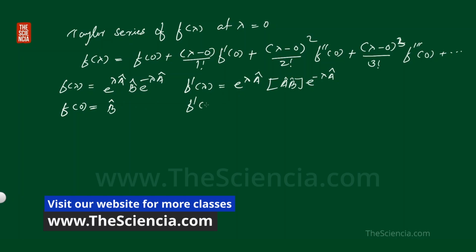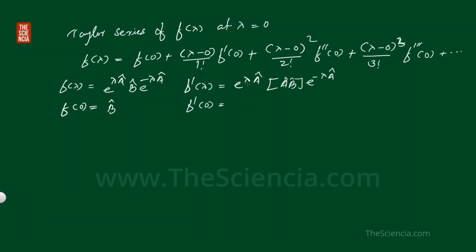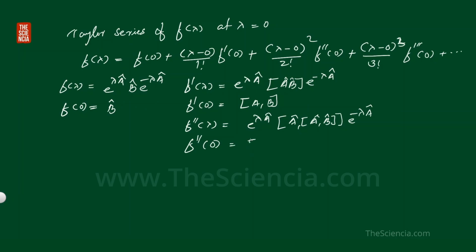So f dash of 0 is e raised to 0, that is 1, so commutator ab. And we know f double dash of lambda is e raised to lambda a, commutator a, commutator ab, e raised to minus lambda a. So f double dash of 0 is commutator a, commutator ab. So we can substitute all these values in this equation.